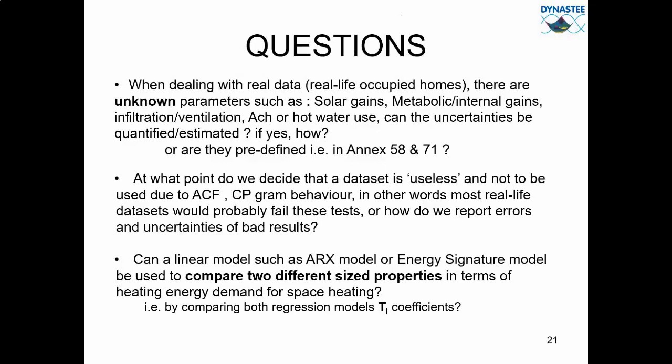And then the infiltration and ventilation: measuring infiltration is a very hard task. Ventilation is easier because if it's a mechanical ventilation, you can measure volumetric mass flow rates entering and leaving the ventilation system quite accurately. Hot water is also possible to measure accurately.